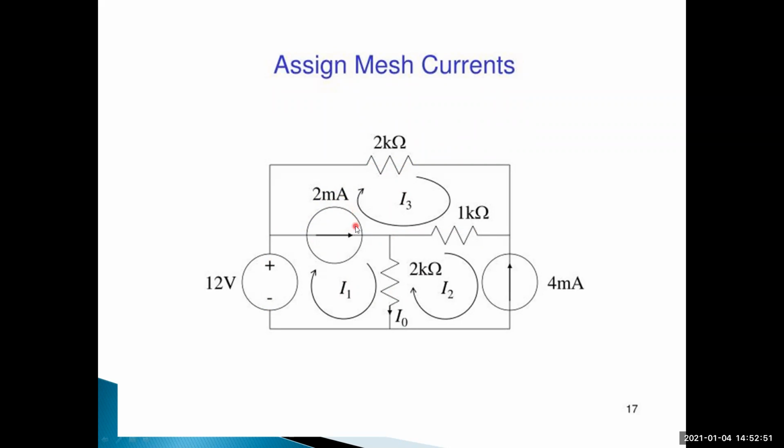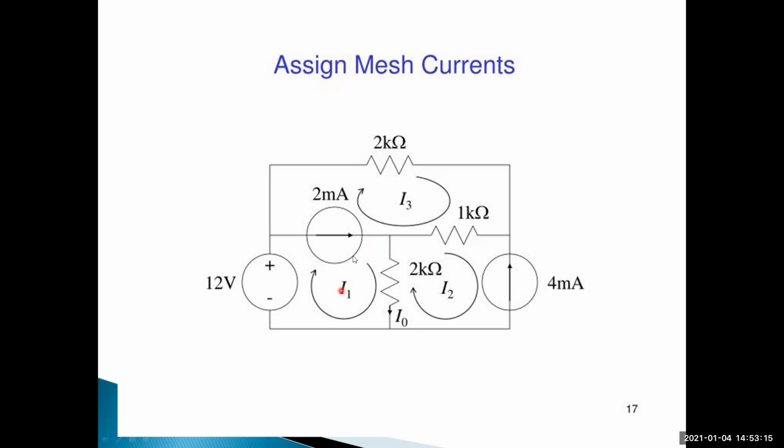Understood the difference between this and this? Because this is not interlinking with mesh 1 and mesh 3, directly we have to take I2 equal to minus 4 milliamps. But this is different. This is connected between two meshes.